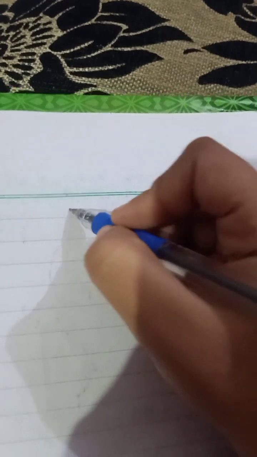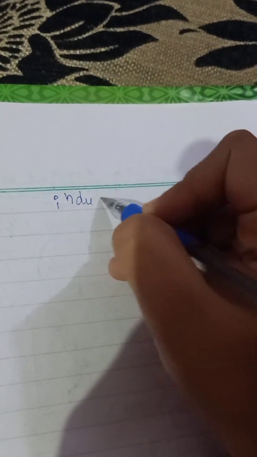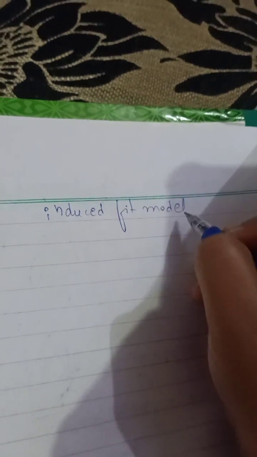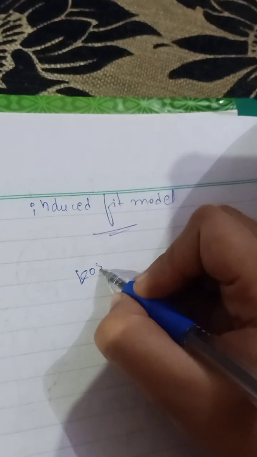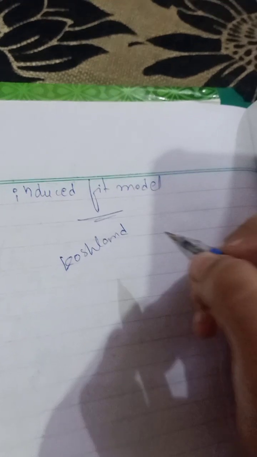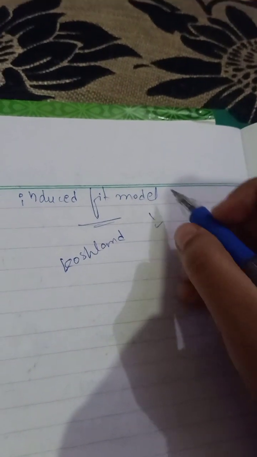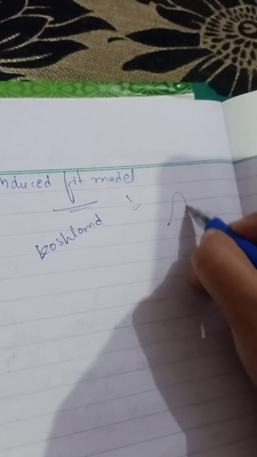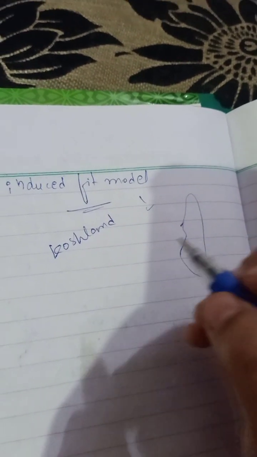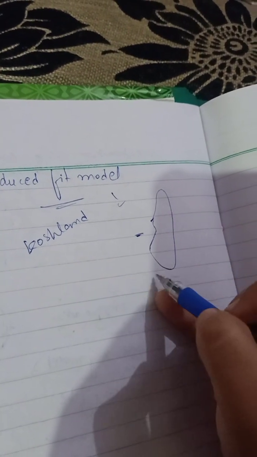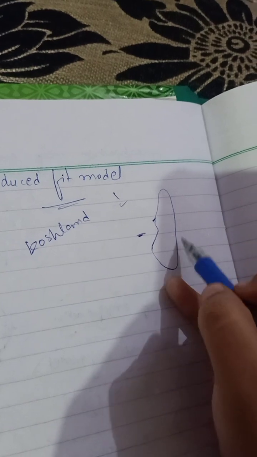Next we have the induced fit model, described by Koshland. This is basically the opposite of the lock and key model. In this model the active site is flexible, which means that many kinds of substrate can be joined.